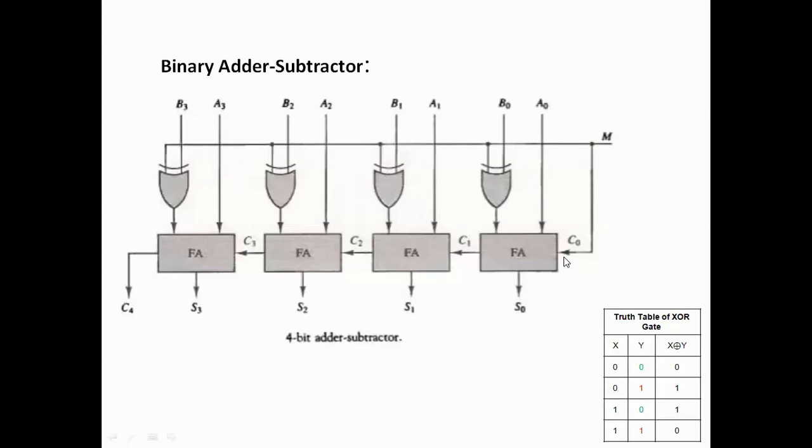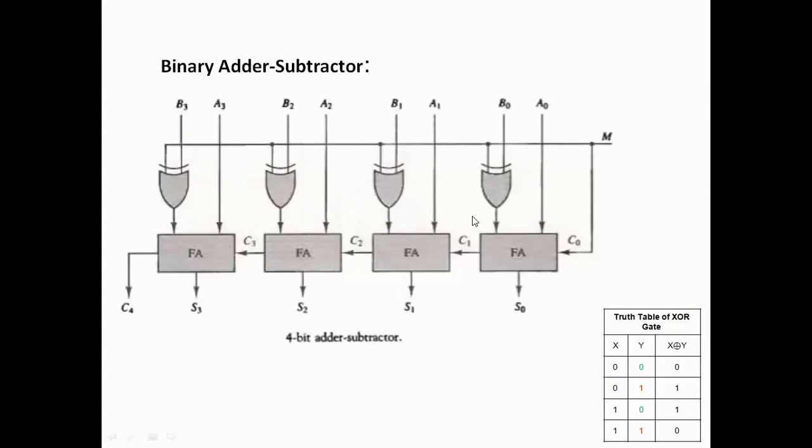Good. Now another issue is that this remains A0, A1, A2, A3 for both addition and subtraction. But for addition this is B0, B1, B2, B3, while for subtraction this is B0 naught, this is B1 naught, this is B2 naught, and this is B3 naught.